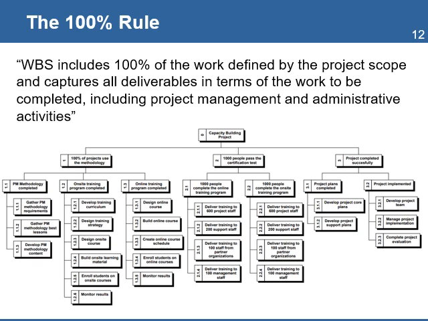One of the main rules in developing the WBS is called the 100% rule, and it states that the WBS includes 100% of the work defined by the project scope and captures all deliverables, internal, external, interim, in terms of the work to be completed, including project management and administrative activities.